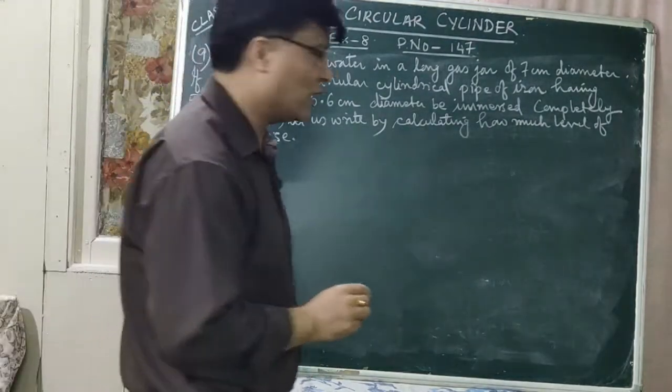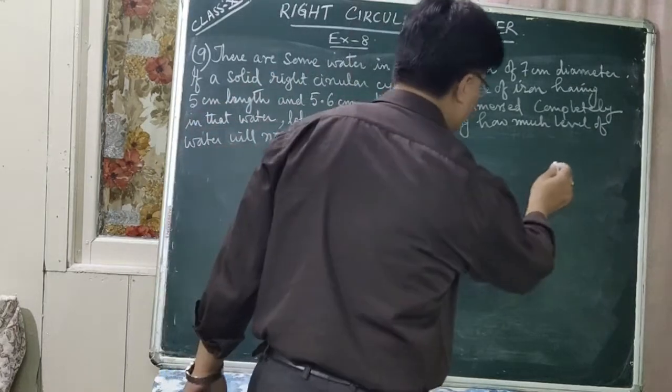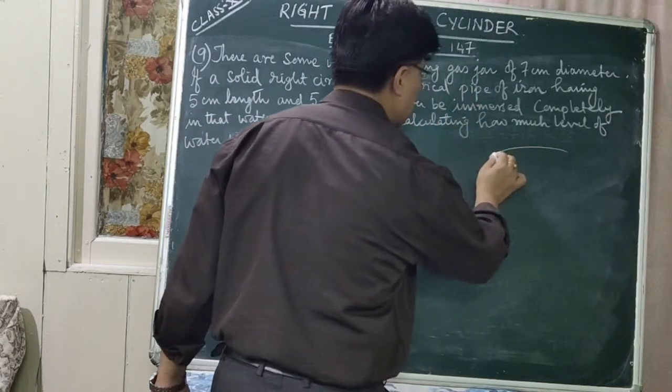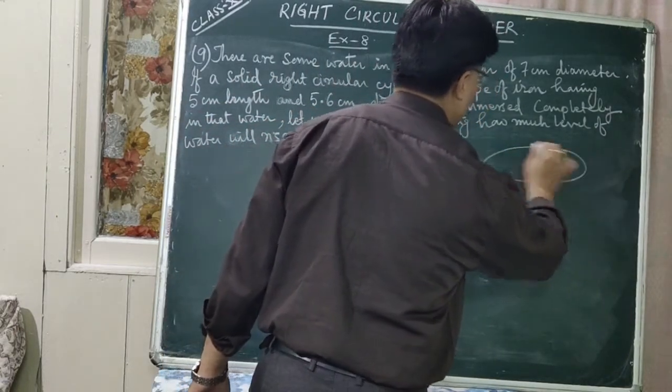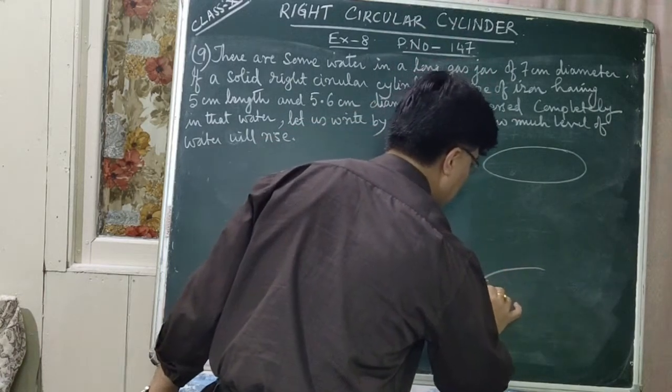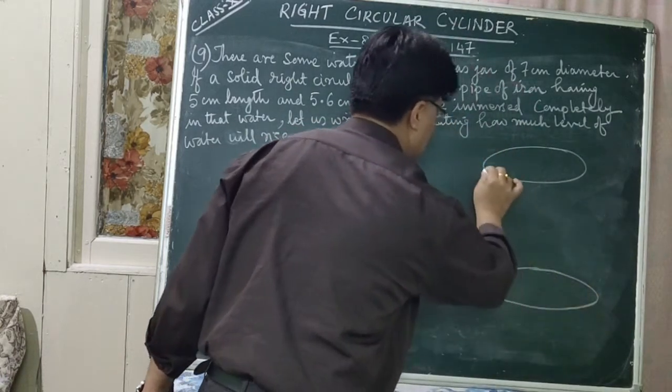So let us draw the figure now. So there is a cylindrical jar, right? So this is a cylindrical jar. Is that clear?